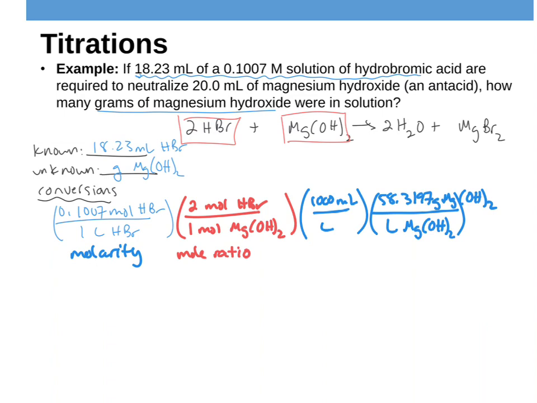And I think that's all I need. So let's start. I'm starting with 18.23 milliliters of HBr. Well, let's go ahead and convert that to liters.